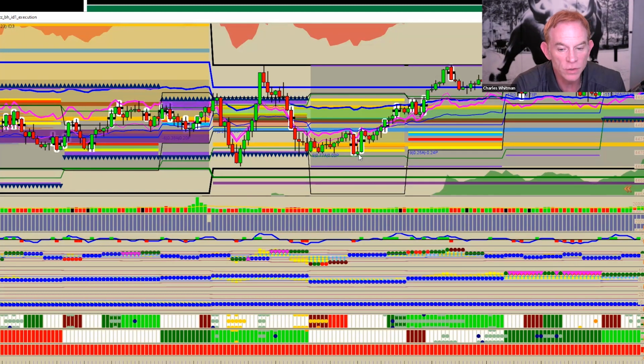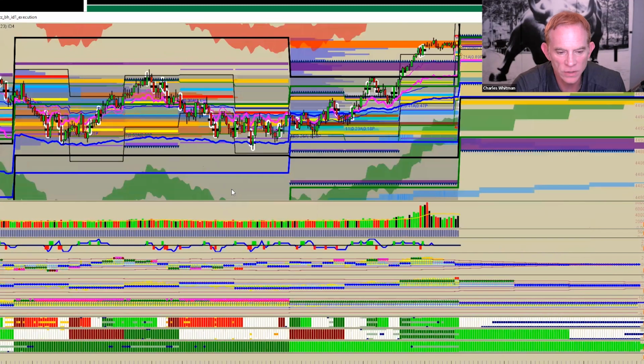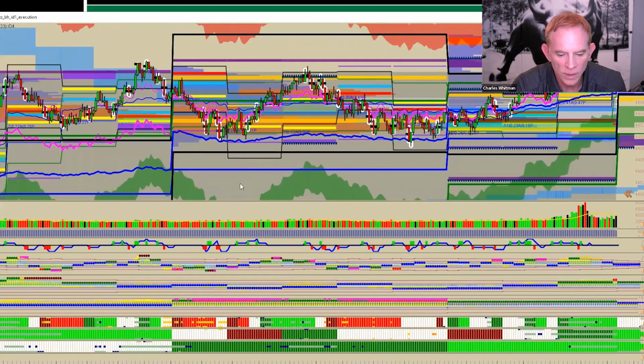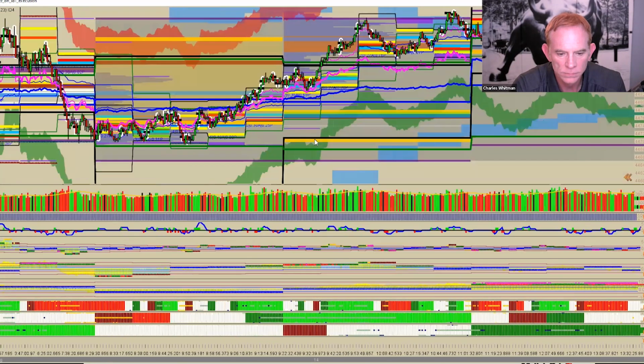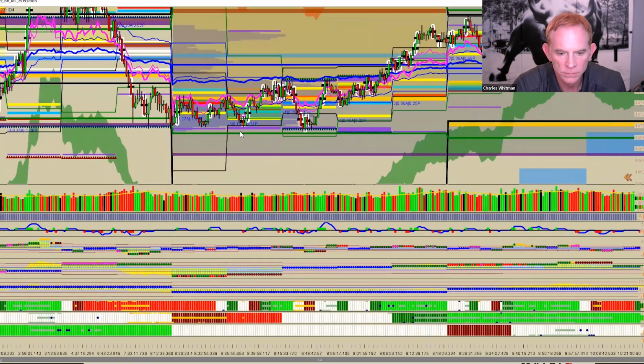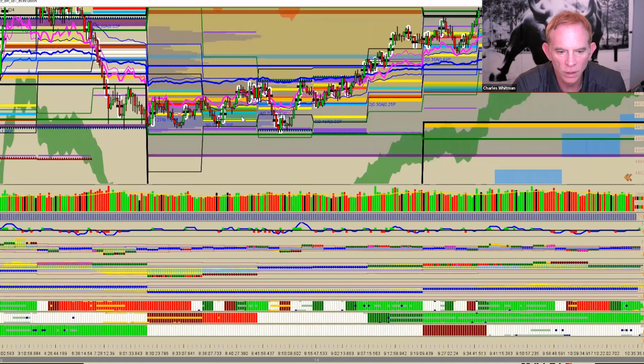Now we could buy the intraday one time frame, or we can look at this and see, well, can we go down another time frame? If we go down to intraday 2, what we actually see right here, both here and here, we're seeing the intraday 2 time frame supports lining up on intraday 1, lining up on daily.